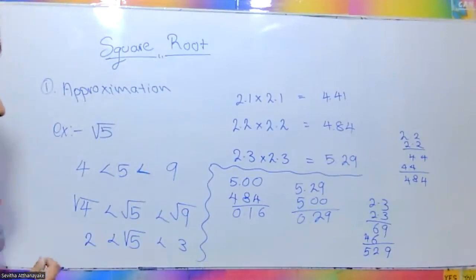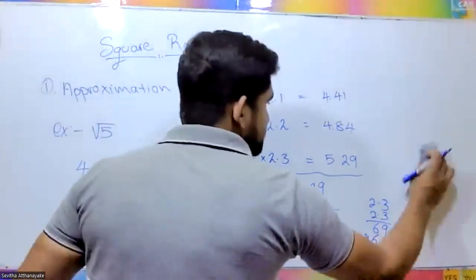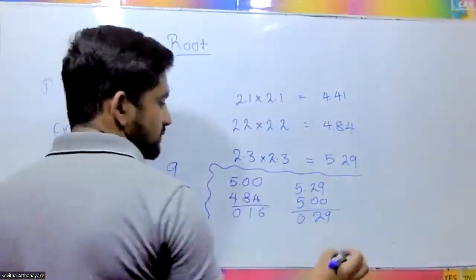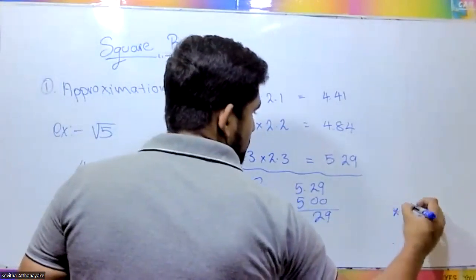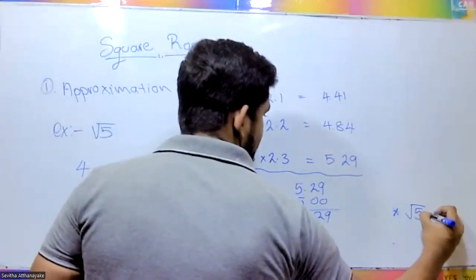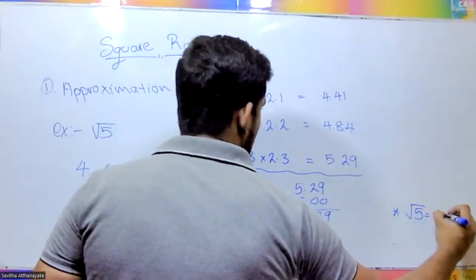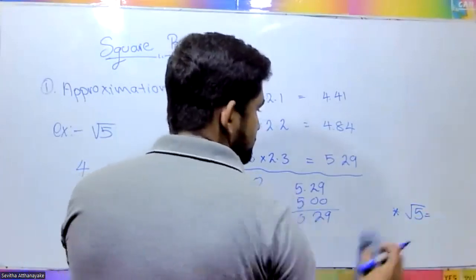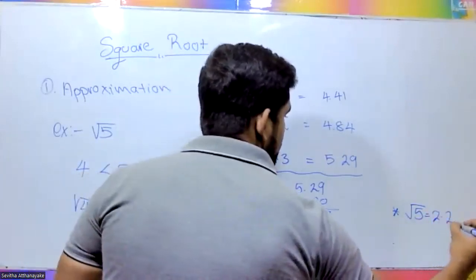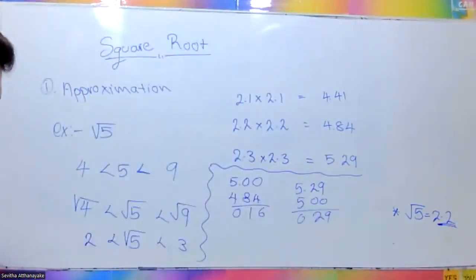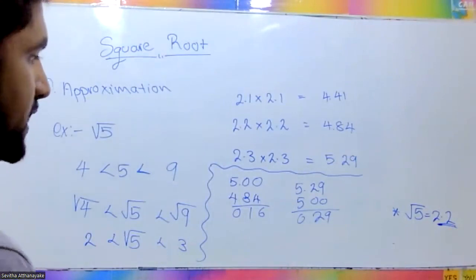So we can get the answer: root 5 equals 2.2, nearest first decimal point.